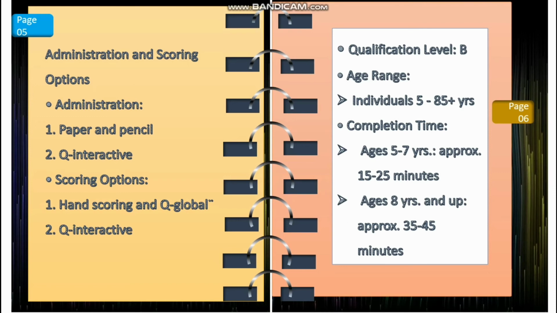In completion time, ages 5 to 7 years old take approximately 15 to 25 minutes. Ages 8 years old and up take approximately 35 to 45 minutes.